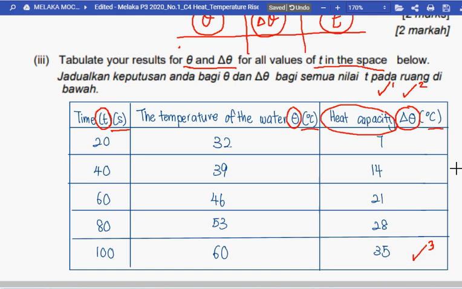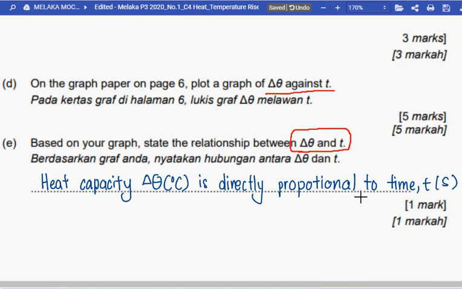But Cikgu Hayati is kind, so I give the mark. Alright, so this one, be careful. I just cross this, but be careful. In this case, I give you tick 1. But if it is strict, this might not be given tick 1. Okay, clear?